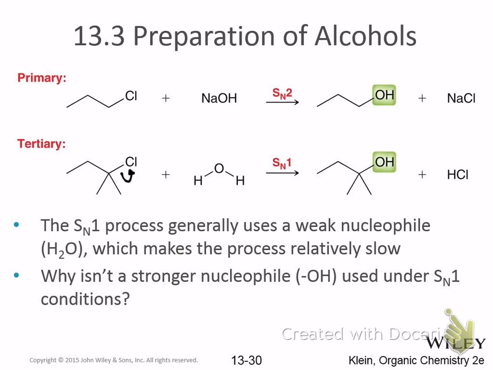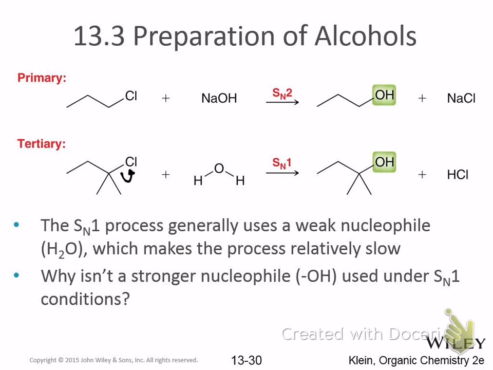Okay, why can't you use sodium hydroxide down here with the tertiary? Yeah, because for alkyl halides, the reaction that's fastest depends on the structure of the substrate. So if it's primary, it's always SN2. But if it's secondary or tertiary, you get elimination byproducts.